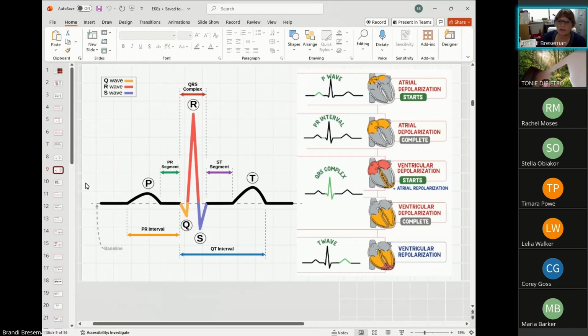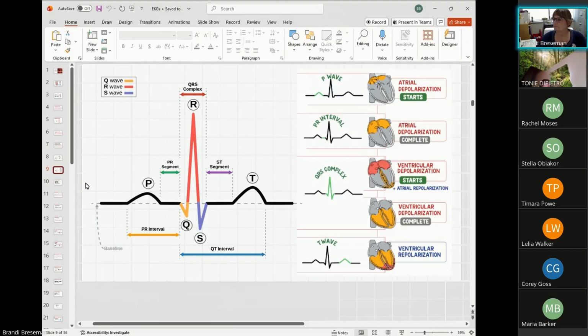So when the P wave happens, that's when the atria contract. That's when atrial depolarization starts. So that's when we have that initiation basically of our impulse.